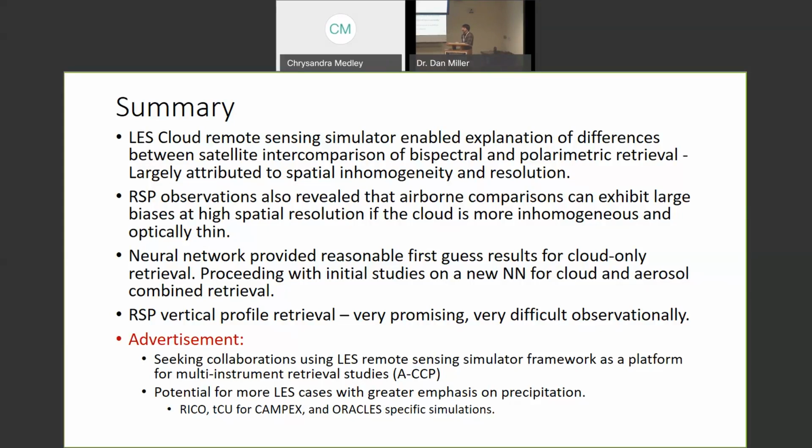In terms of microwave, no. There are some collaborators that are supposed to be working on some instrument comparison studies for ACCP, this future NASA mission stuff. But the problem for some of them is that the spatial domain of the actual LES simulation is kind of small for their types of retrievals. But it's one of the things we want to do.